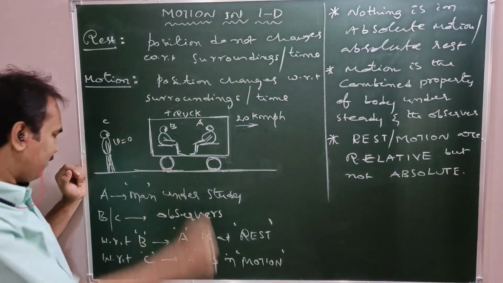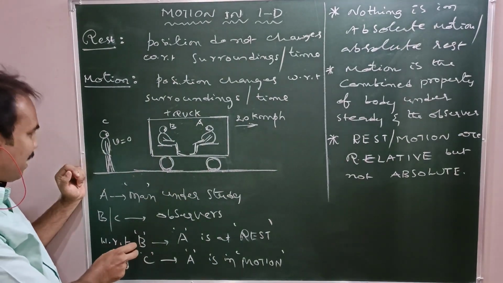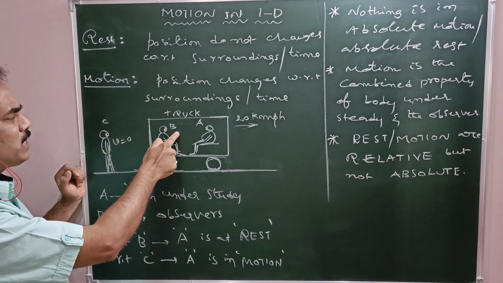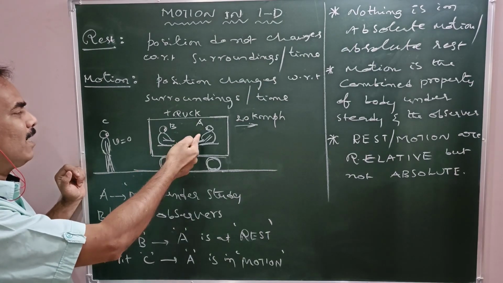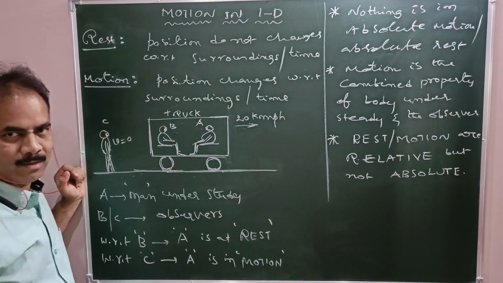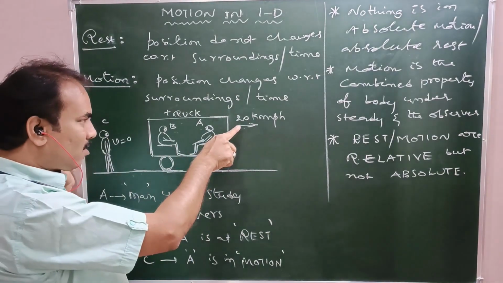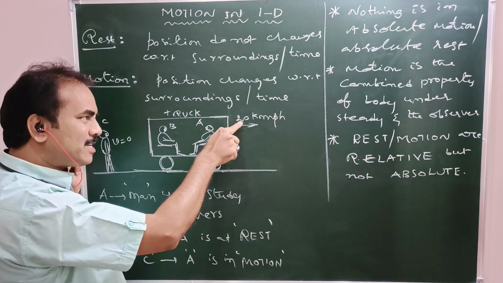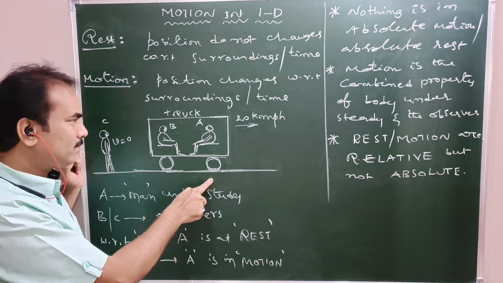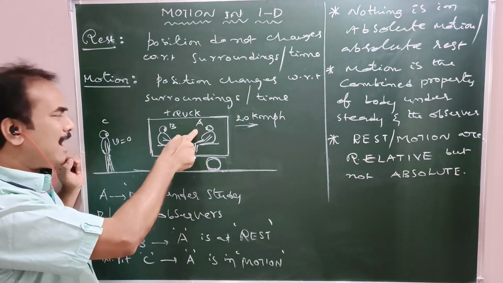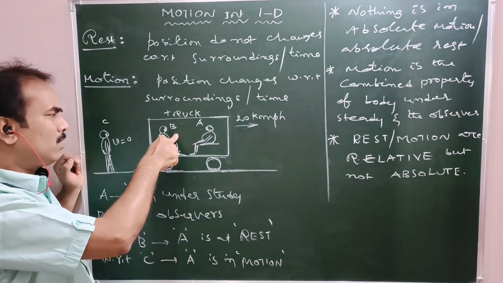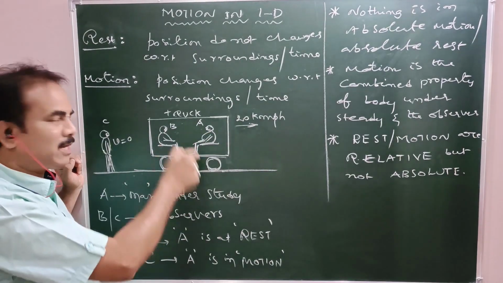These two persons are going to study the state of man A. As far as B is concerned, what is the state of man A? Let us discuss first. As the truck is moving with velocity 20 kmph with respect to ground, person A and person B also move with the same velocity with respect to ground.